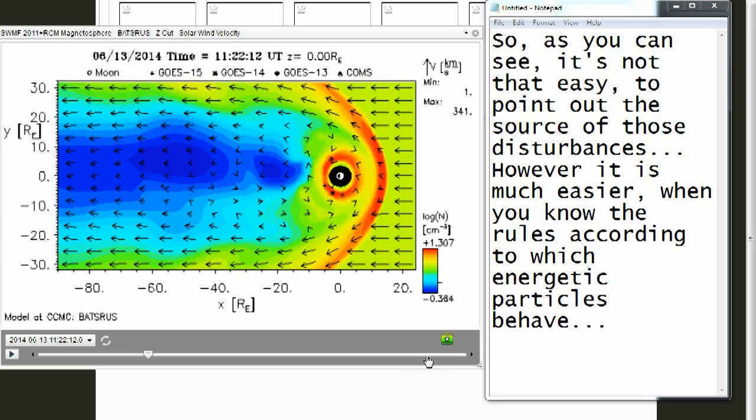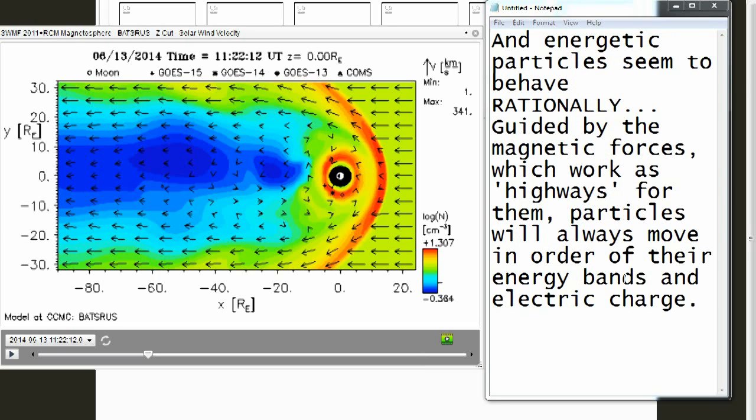However, it is much easier when you know the rules according to which energetic particles behave. And energetic particles seem to behave rationally, guided by the magnetic forces which work as highways for them. Particles will always move in order of their energy bands and electric charge.